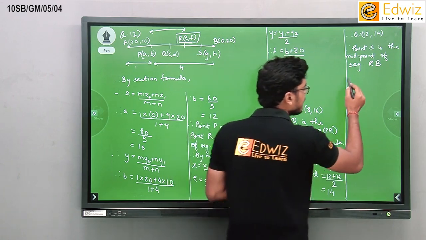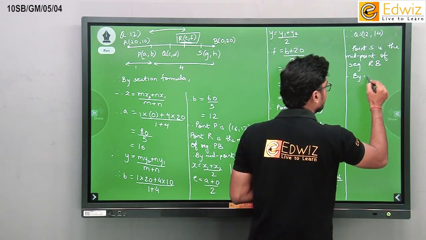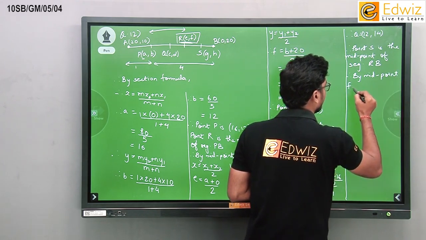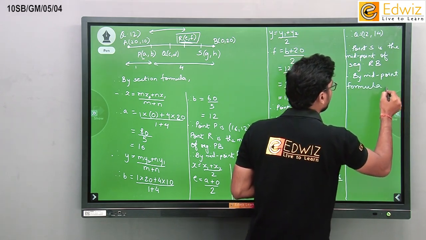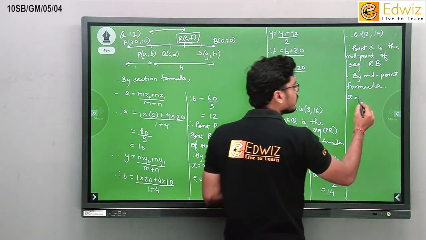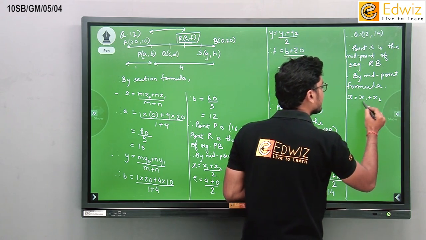Okay, so once again by midpoint formula, the x coordinate of S will be equal to x1 plus x2 divided by 2.